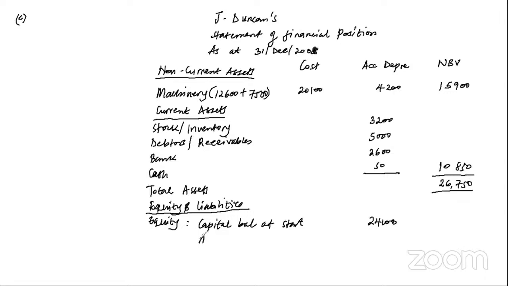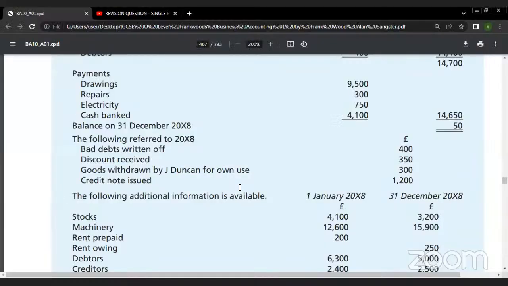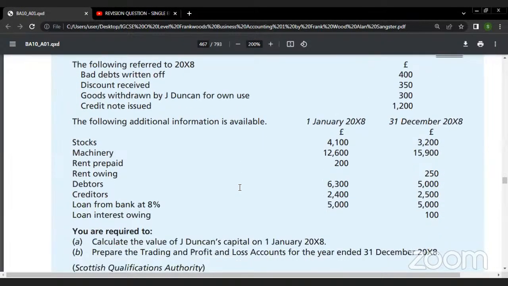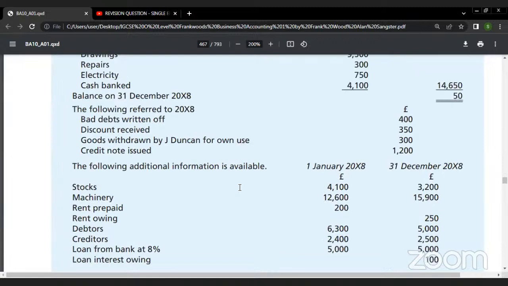Of course, Duncan made a net profit. That net profit increases capital. That is 4,600. But you also have to place the drawings. Duncan took some goods as well as cash from the business. When you check the question, you will see that we have drawings of 9,500 plus the goods withdrawn of 300.